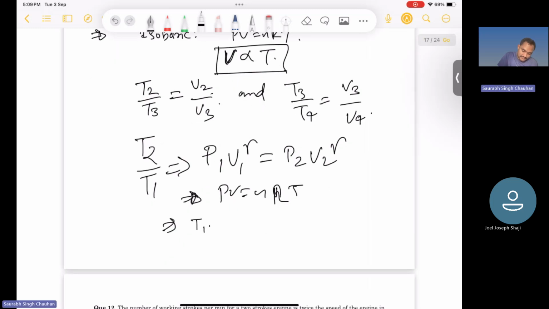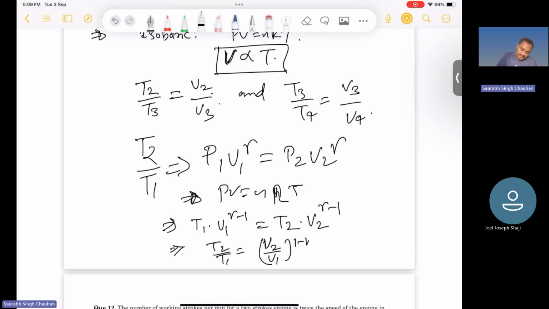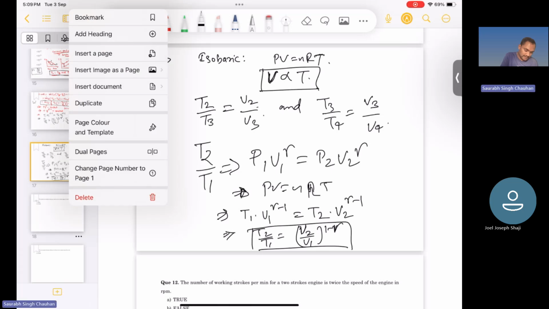So it will be T1 V1 to the power gamma minus 1 is equal to T2 V2 to the power gamma minus 1. Okay, so you will get T2 by T1 is equal to V2 by V1 to the power 1 minus gamma. So we will substitute all these values in the expression for work output.